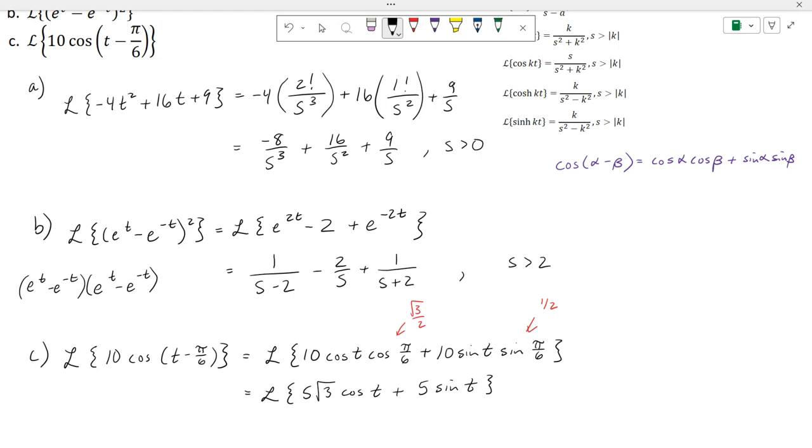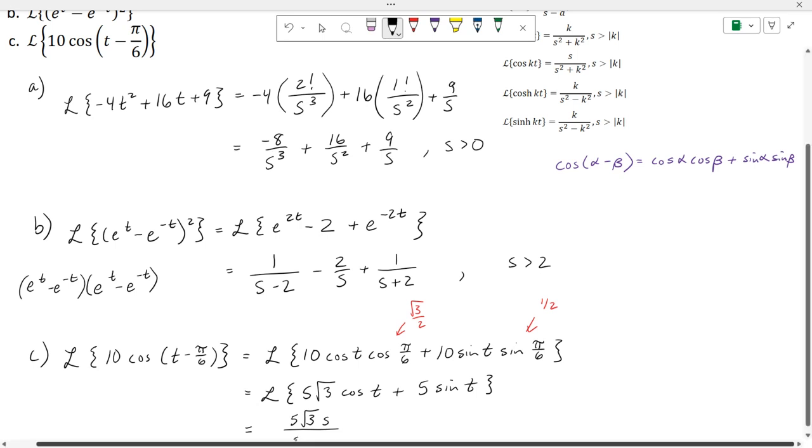I'm ready to apply the Laplace to each of these. So the 5 root 3 is going to go into the numerator. And let's see, the Laplace of cosine of kt is s over s squared plus k squared. So that's going to be 5 root 3 times, since k is 1, times s on this one, over s squared plus 1.